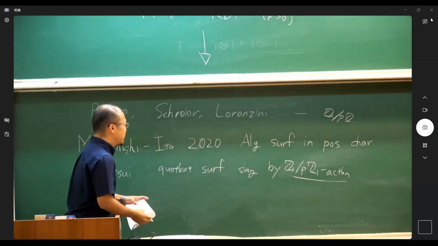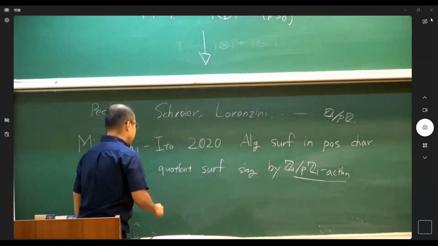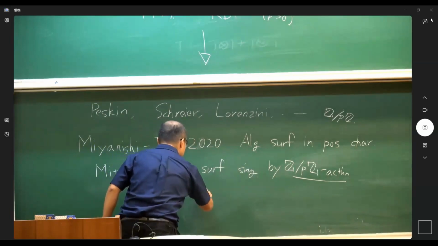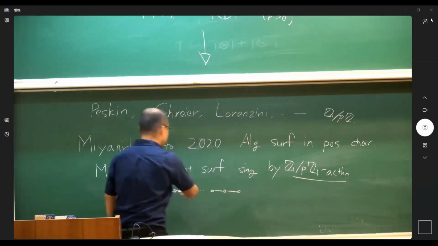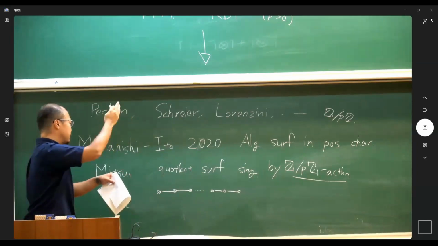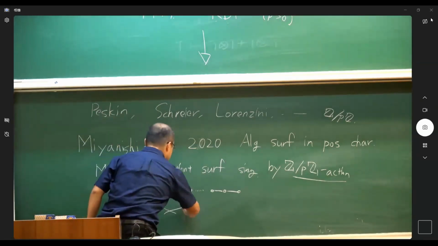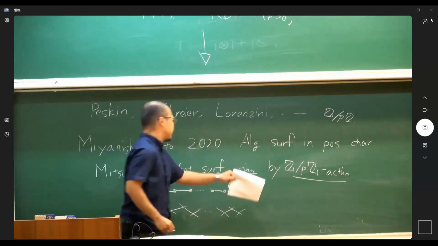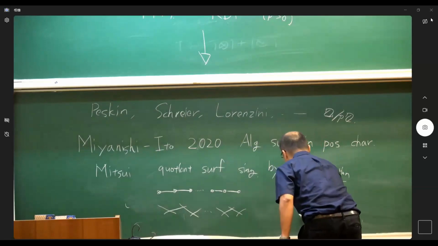So the main difference is the following. In the characteristic zero case, the dual graph of cyclic quotient singularity is like this. This is a dual graph of the desingularization of surface singularity, and this is a chain of P1. In the positive characteristic case, this is like this.